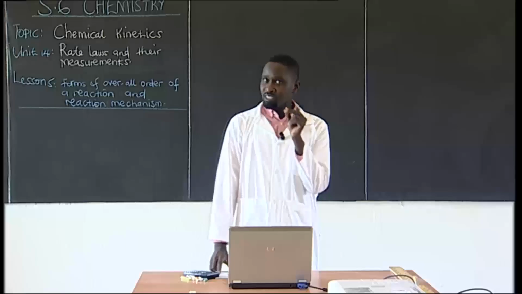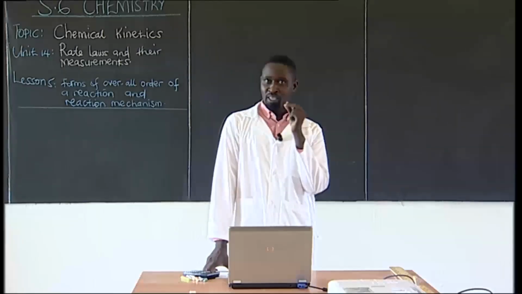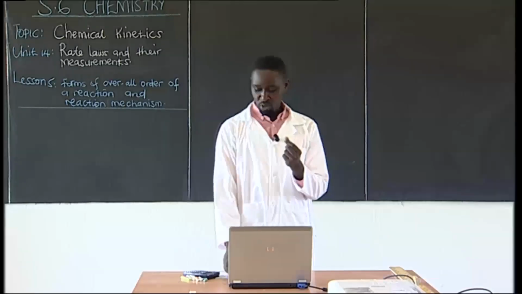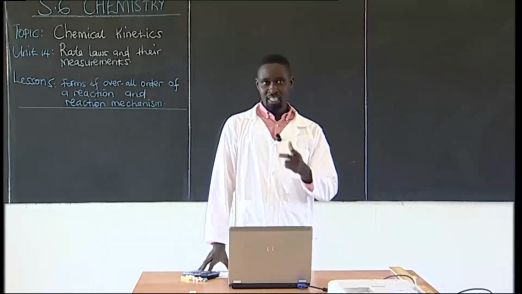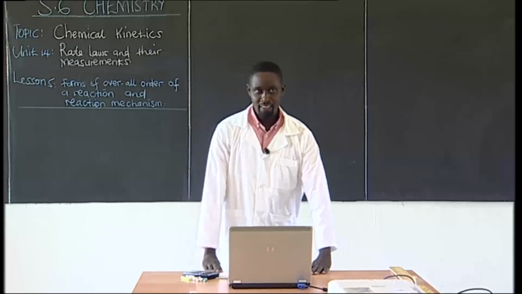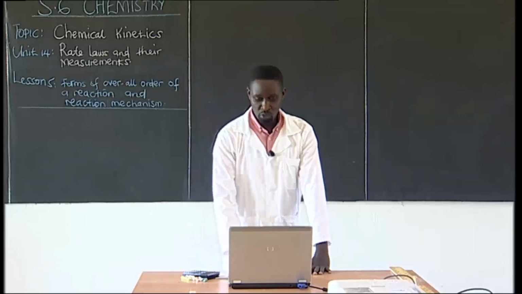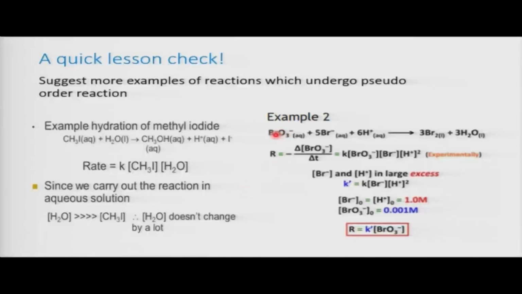However, do not cram that it will always be a reaction involving water. We also have some reactions not involving water. Check it on the slide. The reduction of bromate(V), using your knowledge of group 7. In the presence of hydrogen ions, it is reduced to bromine and water.